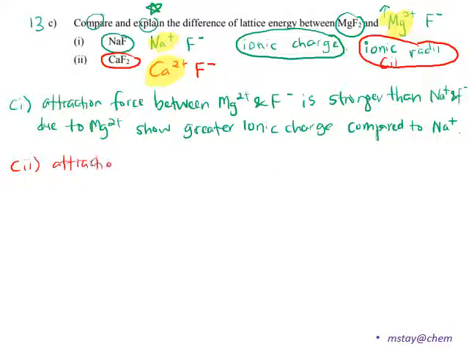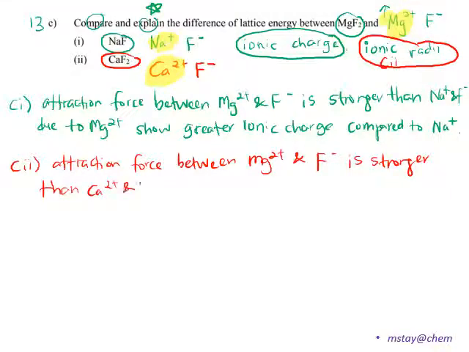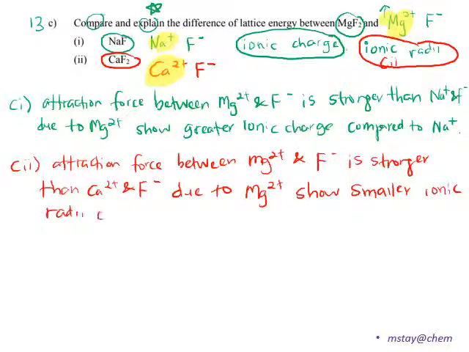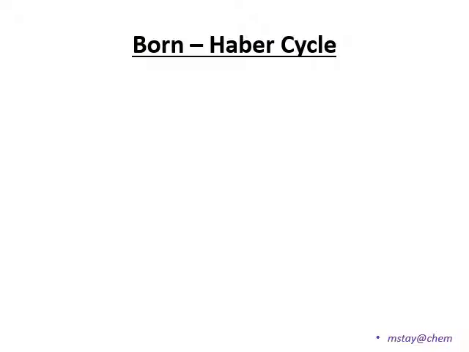Attraction force between Mg2+ and F- is stronger than Ca2+ and F- due to Mg2+ showing smaller ionic radii compared to Ca2+.